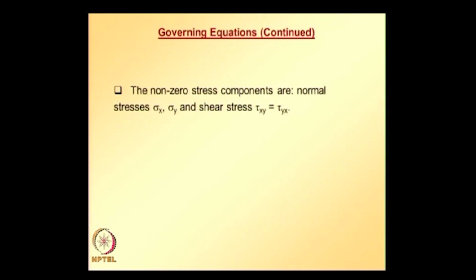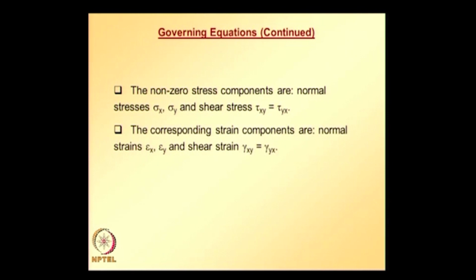So, we have seen the stress components which are 0, and now the non-zero stress components are two normal components sigma x, sigma y and one shear component tau x y, which is going to be same as tau y x, and the corresponding strain components are two normal strains and one shear strain, and this is known as plane stress situation.